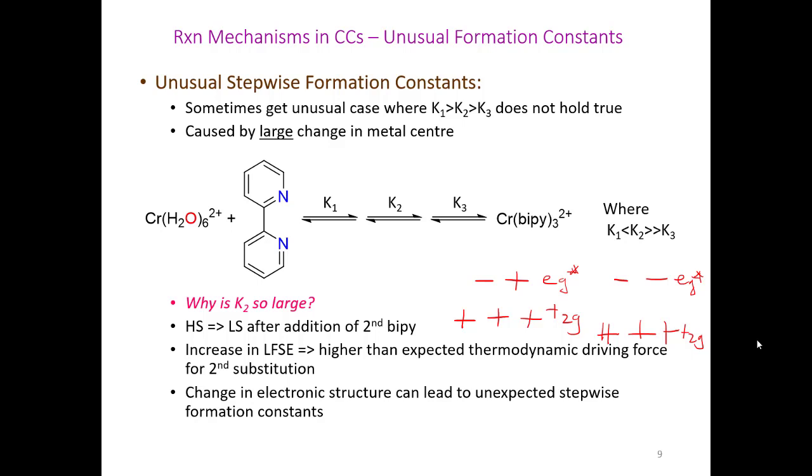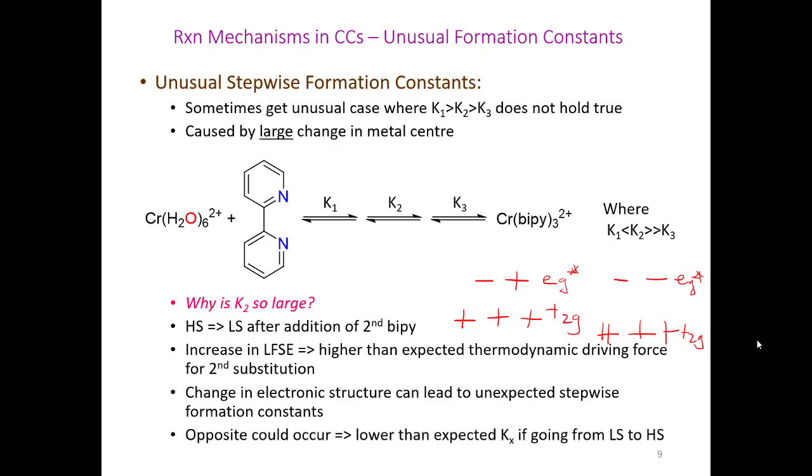So the reaction is skewed towards the right for the second ligand substitution, more so than would be predicted by statistical factors alone. And it is also important to note that this change in ligand field stabilization energy is an enthalpy-driven driving force, and it's not entropy.